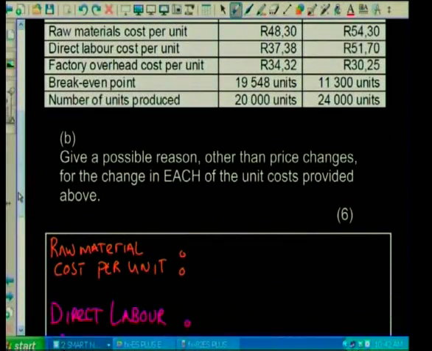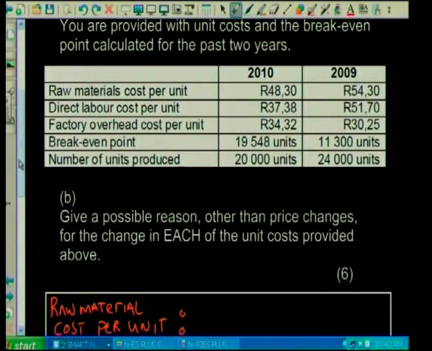The next question is now asking us to give a possible reason, other than price changes, for the change in each of the unit costs provided above. Remember, guys, we were given raw material cost per unit, direct labor cost per unit, and factory overhead cost per unit. So they're simply asking us to give a reason for the possible changes from 2009 to 2010.